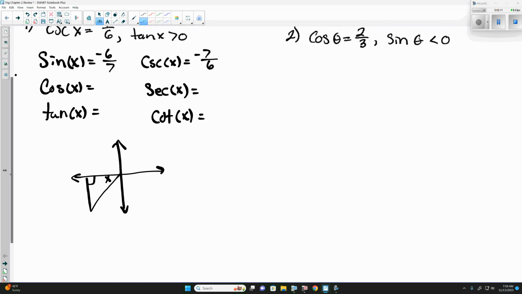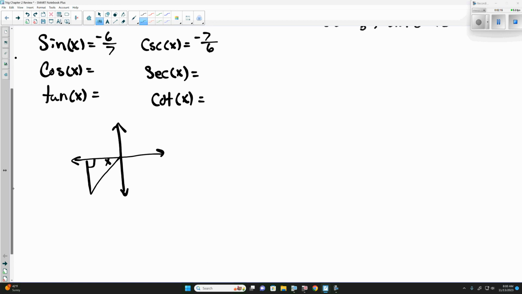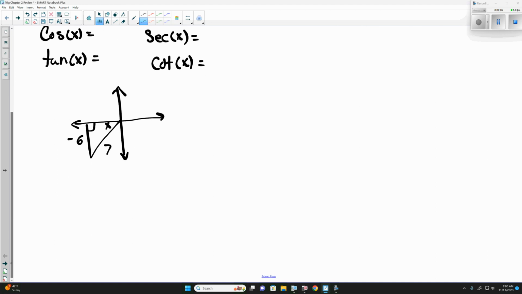Now we can fill in the information that we have. So sine's negative 6/7, opposite over the hypotenuse. Hypotenuse for the triangle will never be negative, which means our y value is going to be the negative value. Now at this point here, we can use Pythagorean's theorem. Negative 6 squared plus b squared is equal to 7 squared.